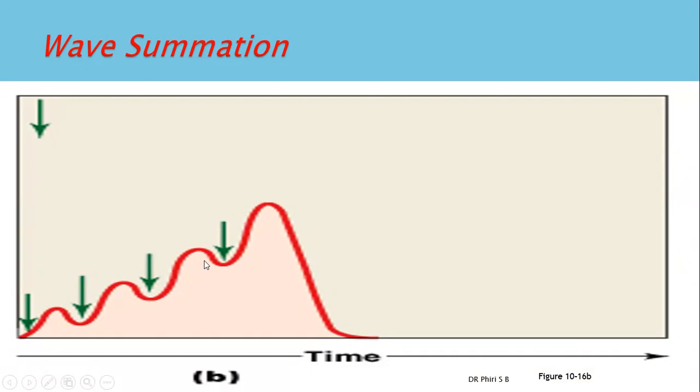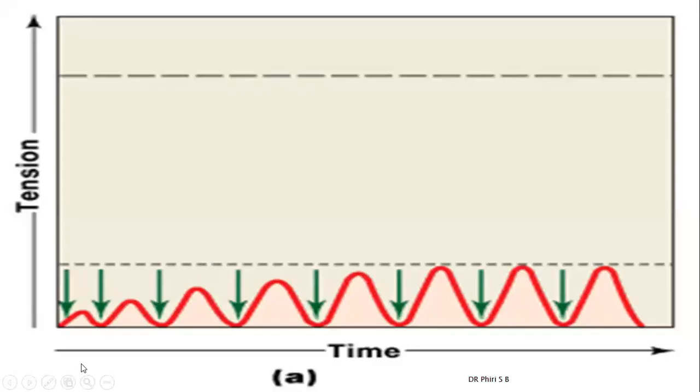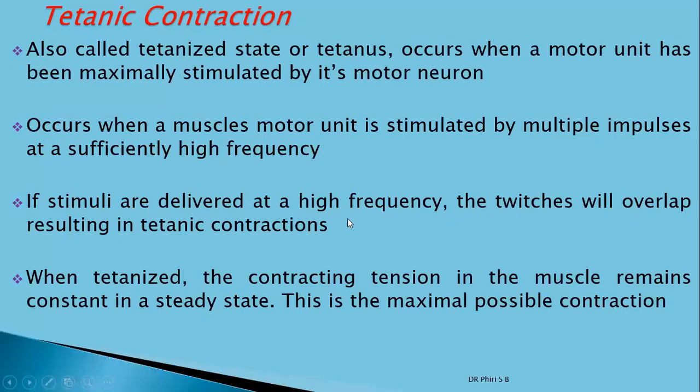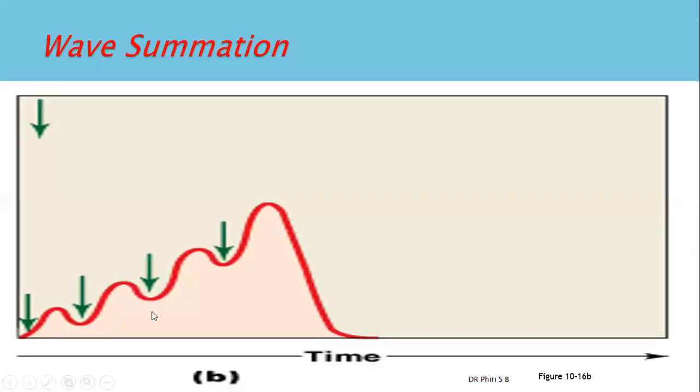So it's called wave summation, which is different from treppe. In treppe, in between the muscle twitches, there's complete relaxation. It goes back to the resting state. But in wave summation, you're not allowing this muscle to go back to the resting state. Then you stimulate it. So there will be wave summation, which you can appreciate here, which is different from treppe.